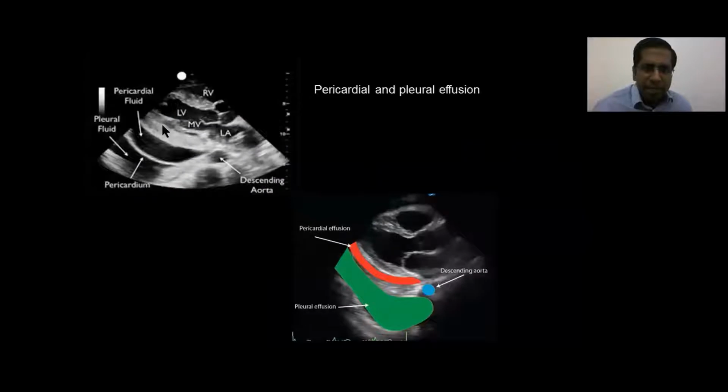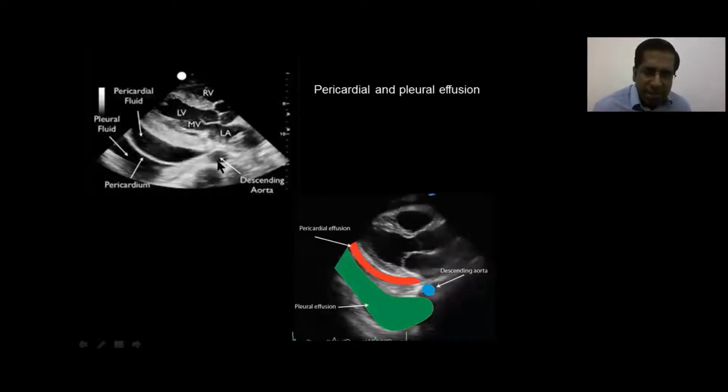In this next image, you see the heart here, and behind the heart, you see some fluid here. And you also see some fluid here. This fluid is pericardial effusion because this is the reflection of the pericardium, as you can see.